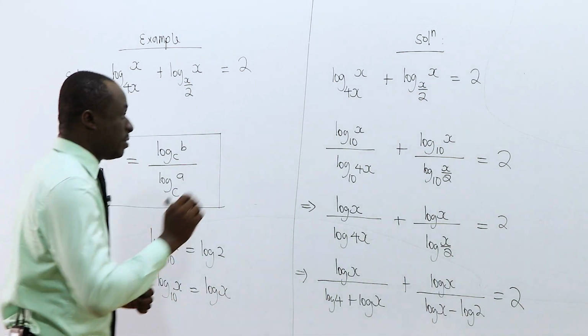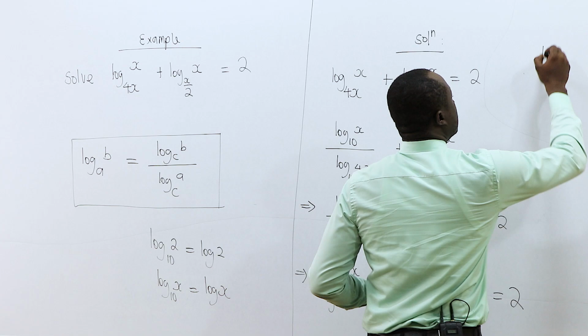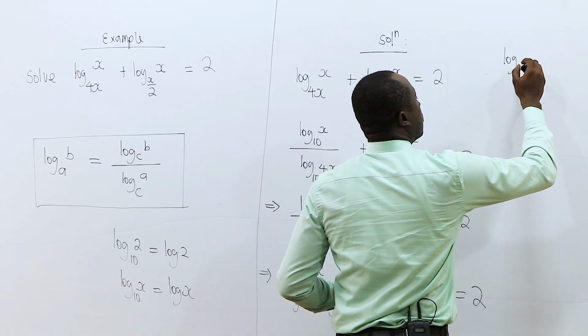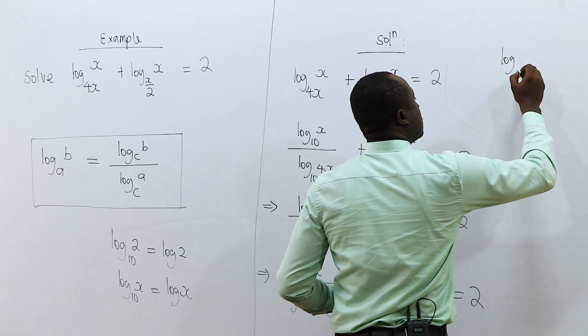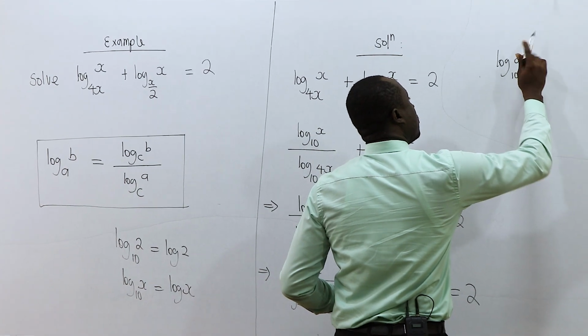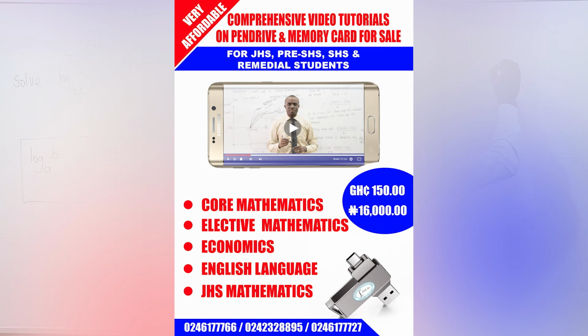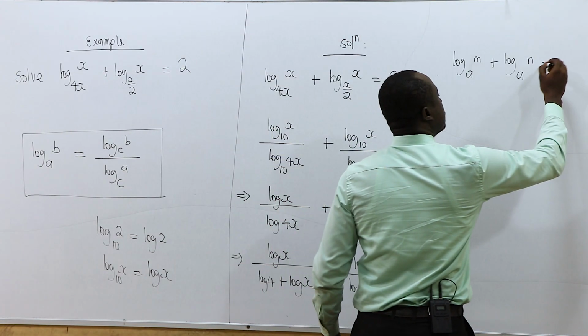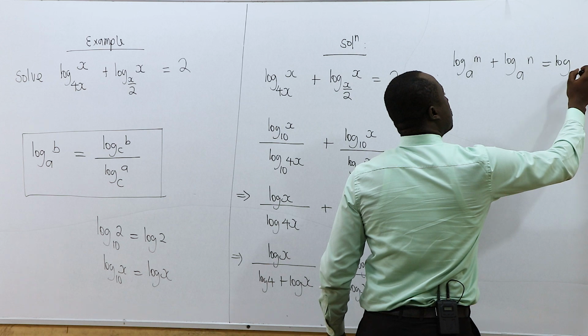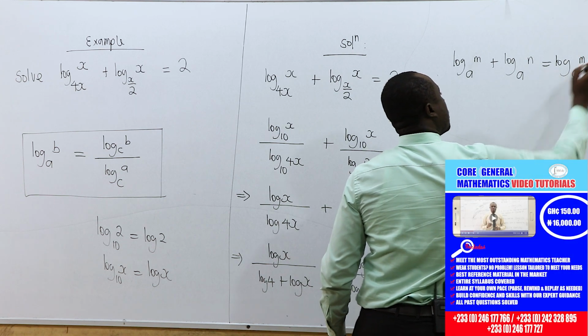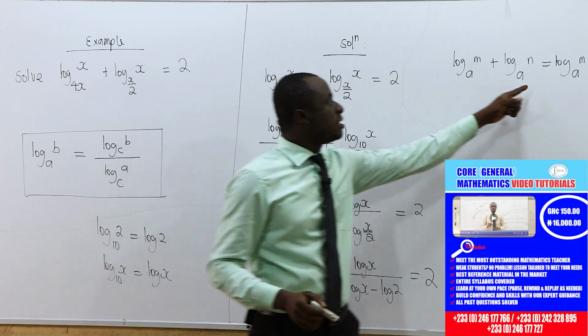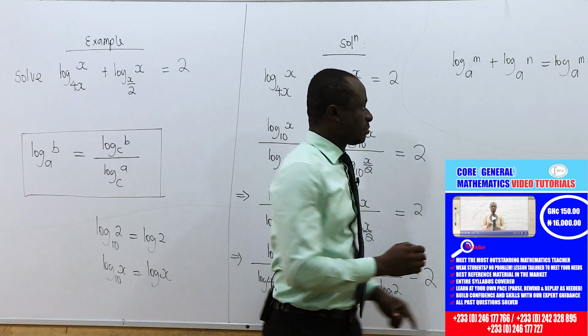Now, laws of logarithm, let's look. You see, if we have, let's say, log a m plus log a n. When we are adding the same base, what do we do? We multiply. So this is the same as log a mn. When you're adding, the bases are the same, we multiply.